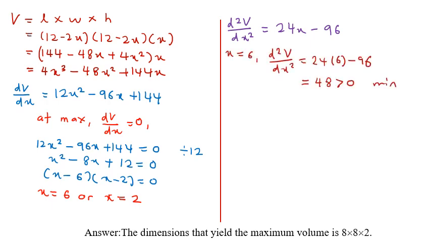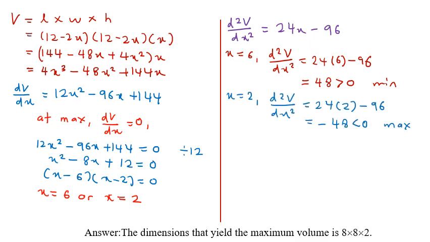First we substitute x equals 6, we get 48. So 48 is greater than 0. For the second derivative, if you get positive, it will be the minimum. So this is not what we want. Let's try another one, x equals 2. We get negative 48. If it is negative, the conclusion will be maximum. So this is the value that we need.